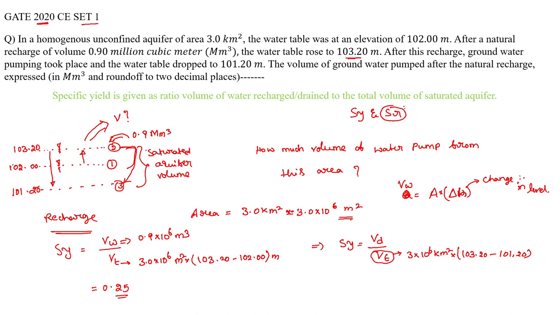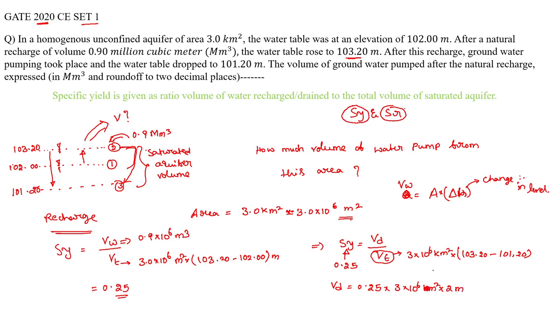So we pump from this particular aquifer. Because of this pumping action, the aquifer is only able to give this amount of water per unit width, per unit drawdown. That we need to calculate. So this is 0.25. VD equals 0.25 into 3 into 10 power 6 meter square into 2 meters.